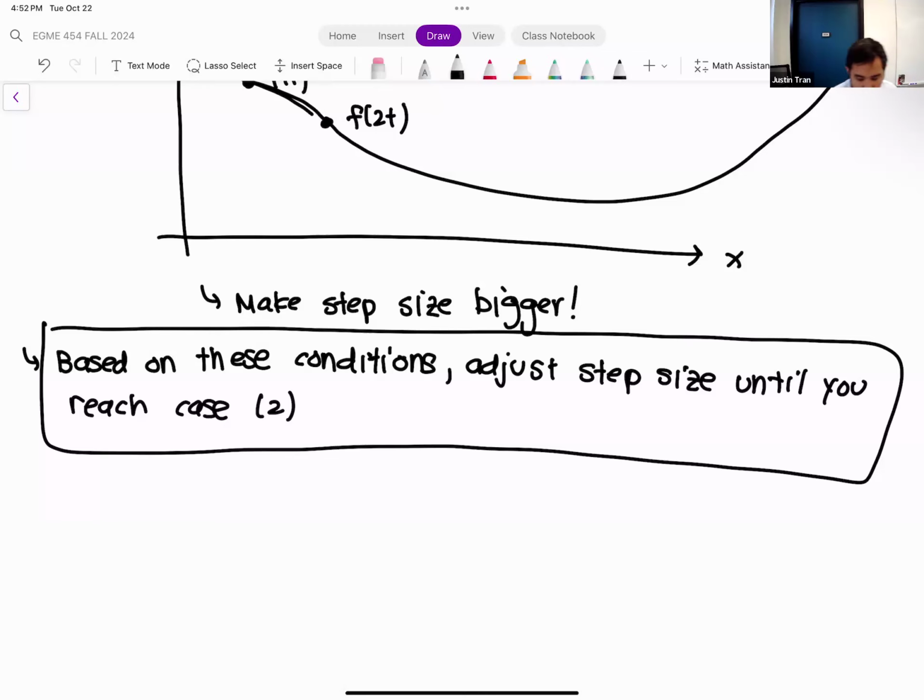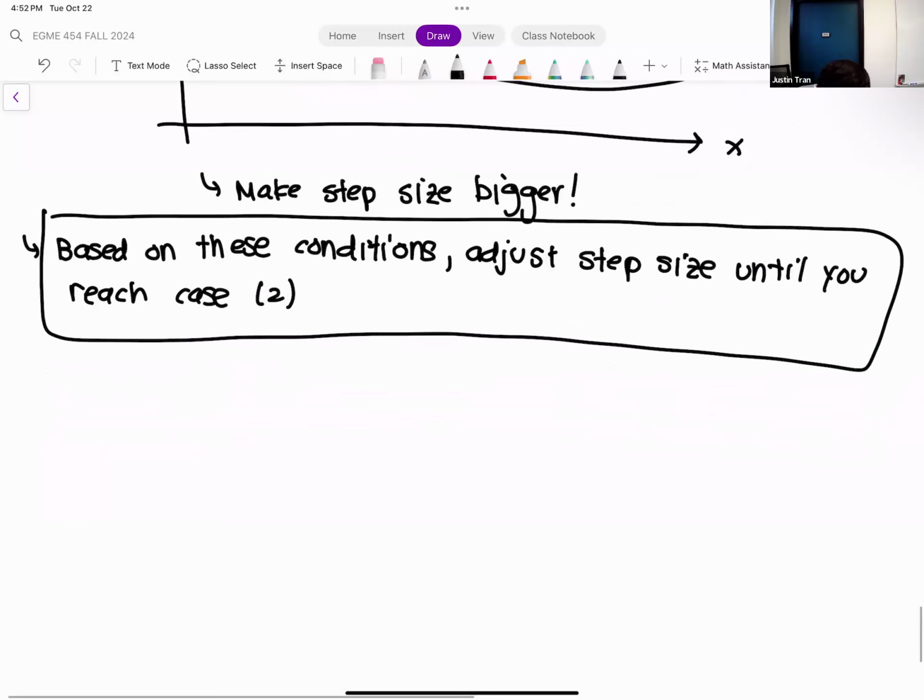Okay. So after you've adjusted your step size, you can of course compute your coefficients.